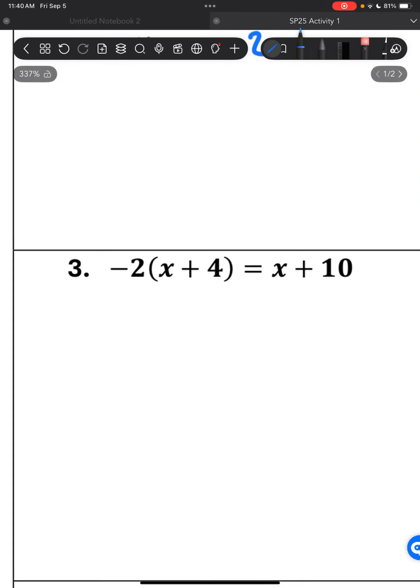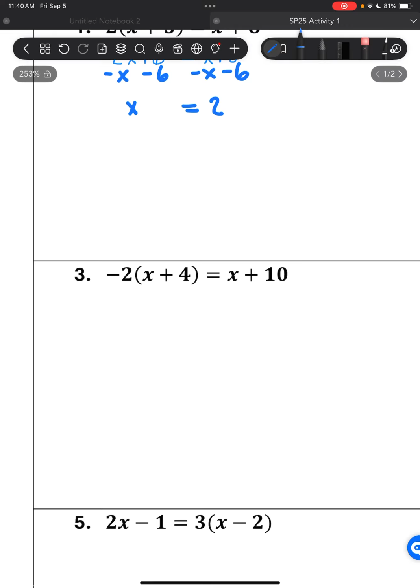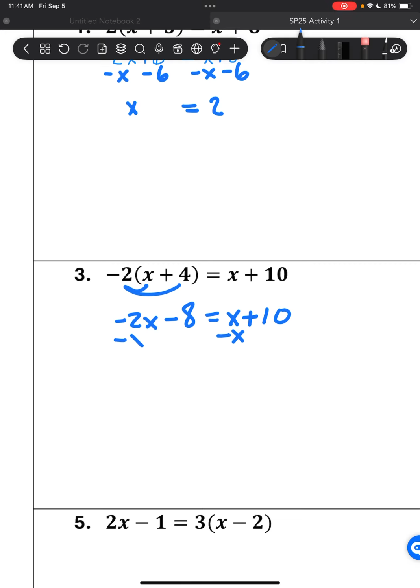Alright, now for number 3, same thing. Here we have a negative 2, so we've got to watch out for that. We're distributing, so we have negative 2x. This has become our negative 8, right? So subtracting 8 equals x plus 10. Now here, I'm going to get rid of this x first, just because it's negative, so you want to do this slowly.